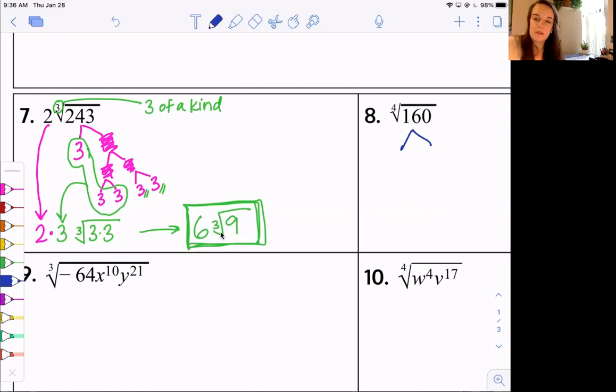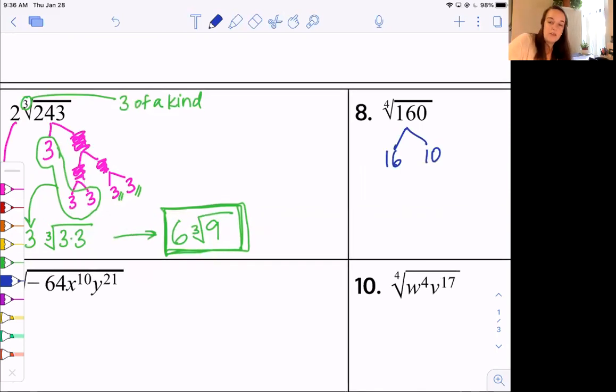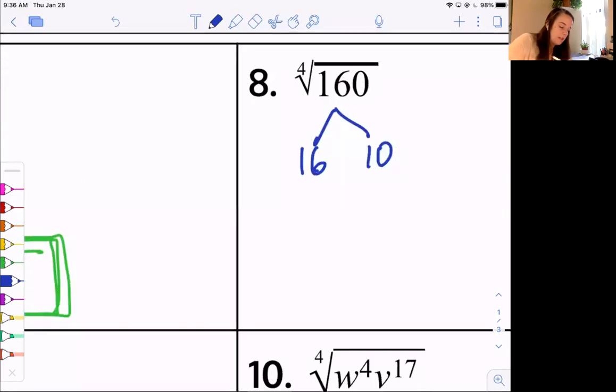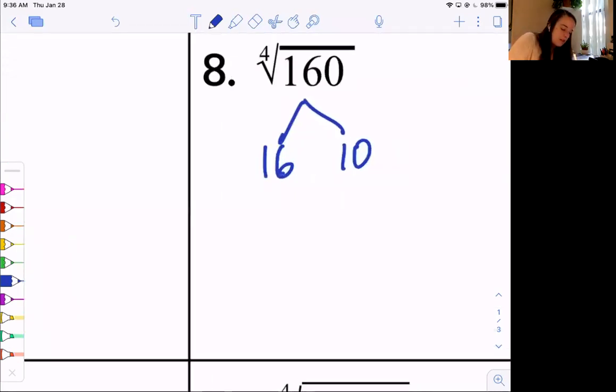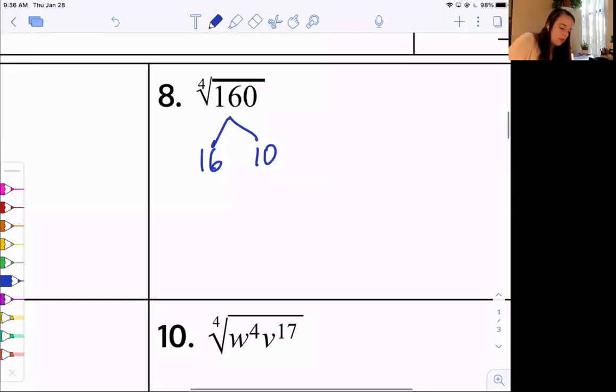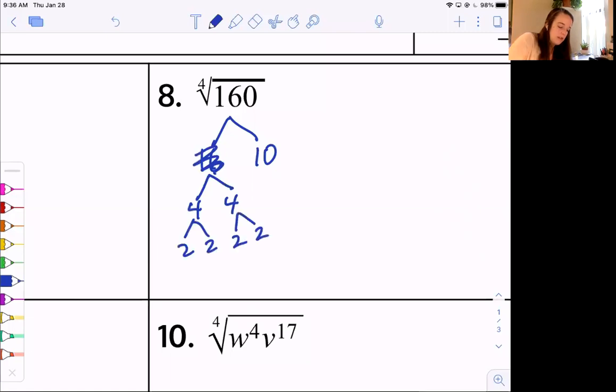What's one of those options? Kimberly's got me with 16 and 10. Love it. 16 and 10. You could have also done 4 and 40. Love that too. Either way, you should get the same thing. So we have 16 is 4 and 4, which is 2 and 2, 2 and 2 again. 10 is 2 and 5.